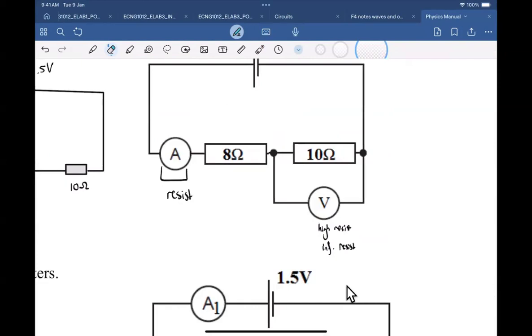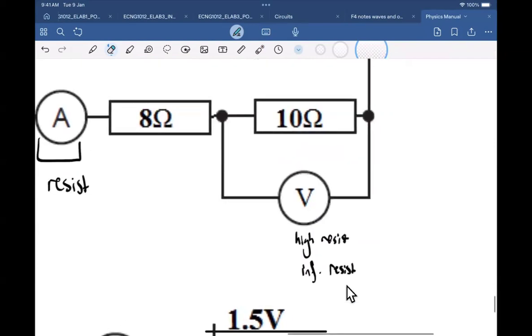Aliyah, do you understand that well? Yeah. Okay. So Aliyah, why do we need a high resistance for the voltmeter? Explain. Aliyah, you're very quiet.